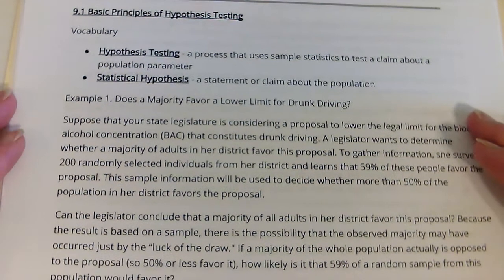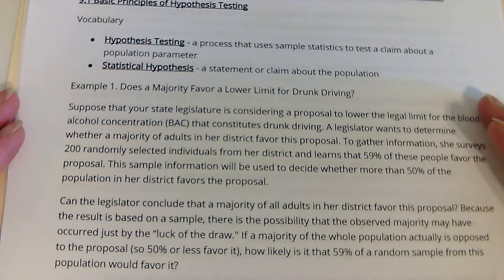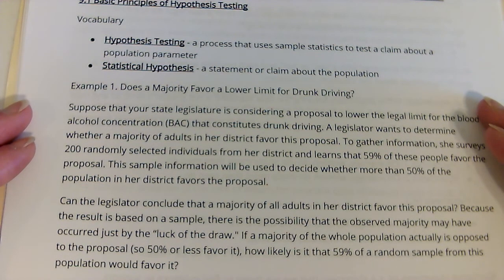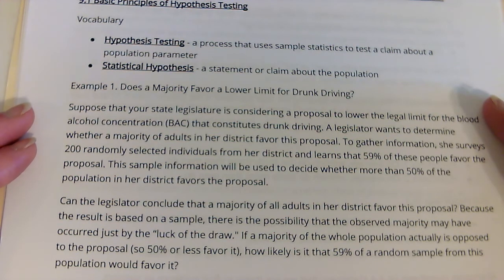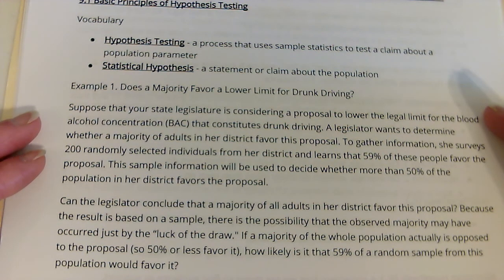So let's look at this first example. Does a majority favor a lower limit for drunk driving? Suppose that your state legislature is considering a proposal to lower the legal limit for the blood alcohol concentration that constitutes drunk driving. A legislator wants to determine whether a majority of adults in her district favor this proposal.